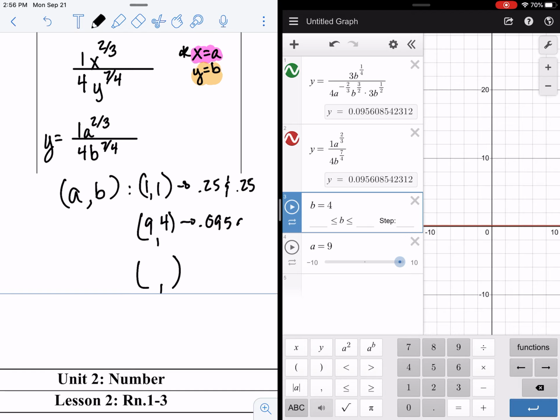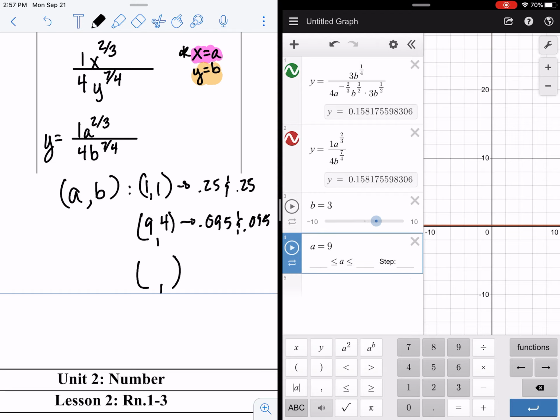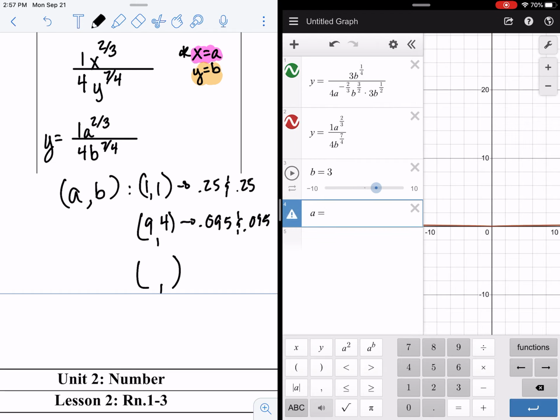Now, because you use 3 points, you're going to check it all 3 times. Let's let B be 3. Let's let A be 2.